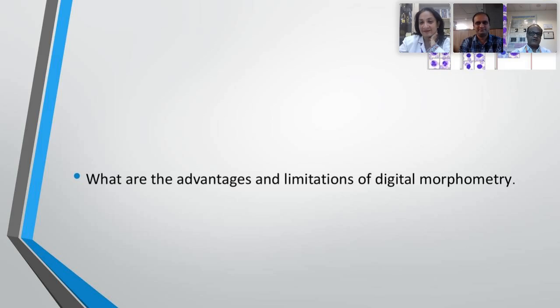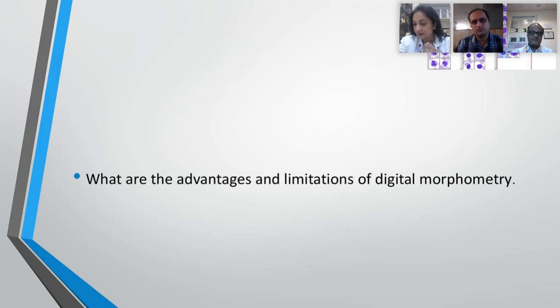I think it is needed at every stage, whatever you have told, from the CBC automated analyzer to the smear maker, stainer, to the digital. Every one of these should be in synchrony to make sure that verification has happened at each of these levels before putting it into use. In that way, we will be eliminating the subjectivity itself.